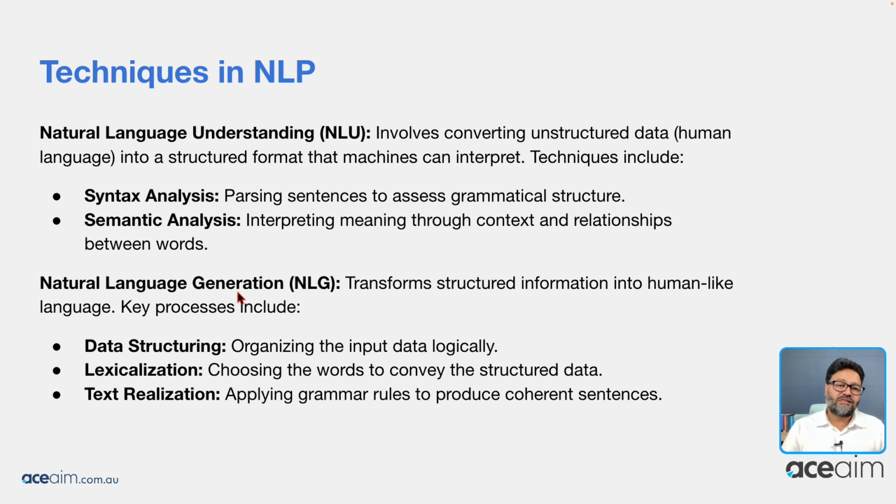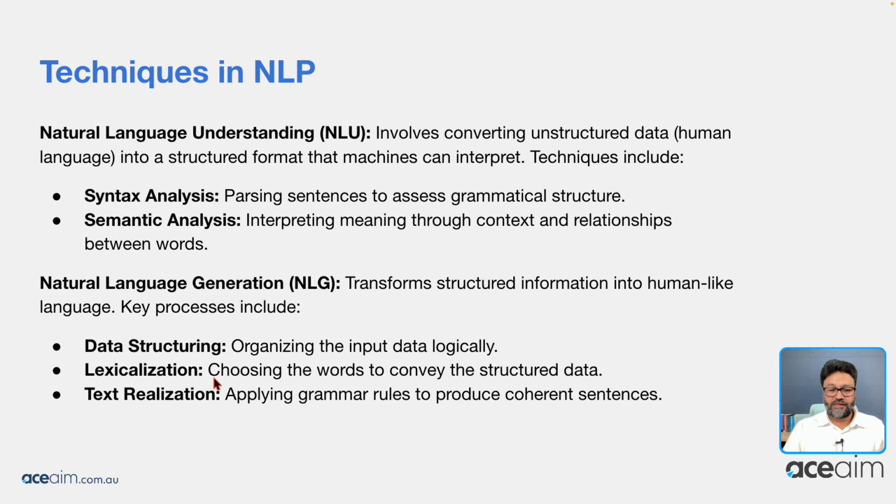Now the second part is natural language generation. What is natural language generation? It is when the computer has to give you a response: it will collect the structured data from the computer, and then convert the data into meaningful, human-like language. That is called natural language generation.